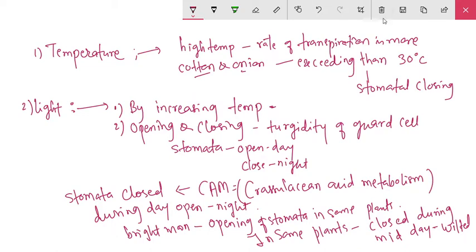Then the stomata in the cereals, meaning plants like wheat, rice, maize, jowar, etc. In the cereal plants, the stomata is open only for 1 to 2 hours during the daytime.